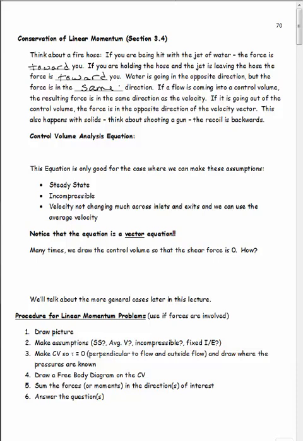You can think about that with solids as well. If you shoot a gun, you're going to get a recoil backwards as that bullet goes out. It's Newton's laws, equal and opposite reaction for every action, right?